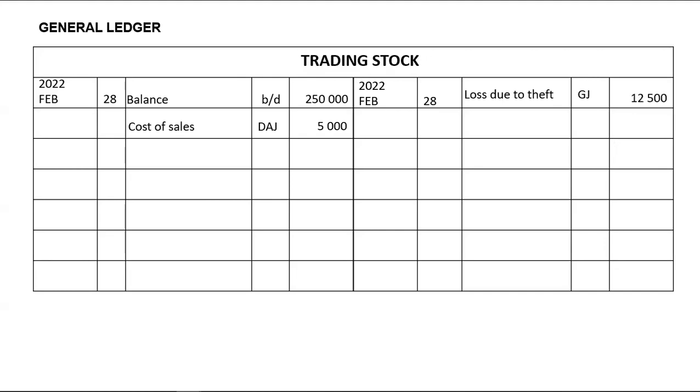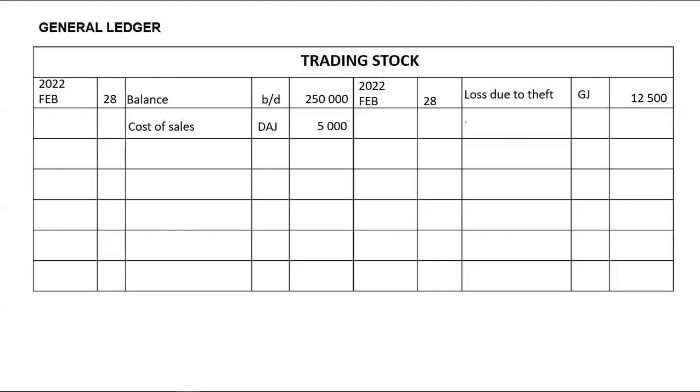And then the loss due to theft in this case will be 12,500. Remember how we got that loss? It was the 50,000, and we multiplied that by 25%. That's how we got the 12,500.